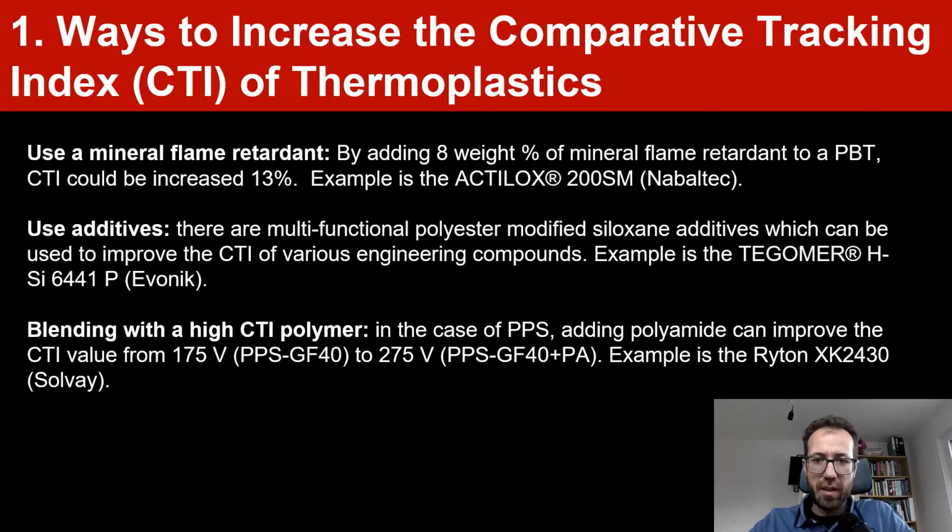So when we take again PPS, when I add now a polyamide, I can improve the CTI value from 175 volts to 275 volts. Looking at the PPS with 48% glass fiber and polyamide. Here's the example, the Retardant XK2430, for example.